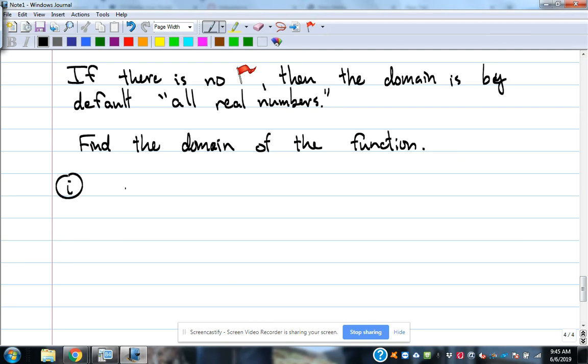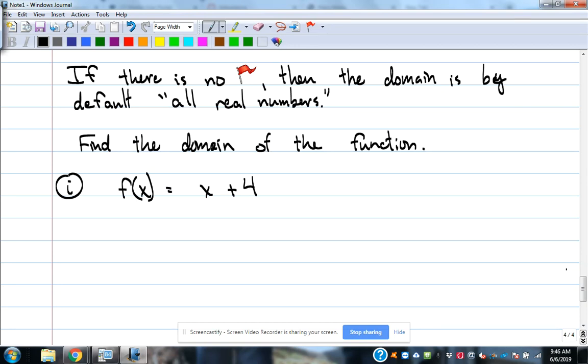Example 1. Let's say we have the function f of x, and f of x is the same thing as y. This is function notation, and I'm going to introduce it here and get us used to seeing it because we're going to use it in a little while. And let's say we just had something simple like x plus 4. So basically, this problem says y equals x plus 4.